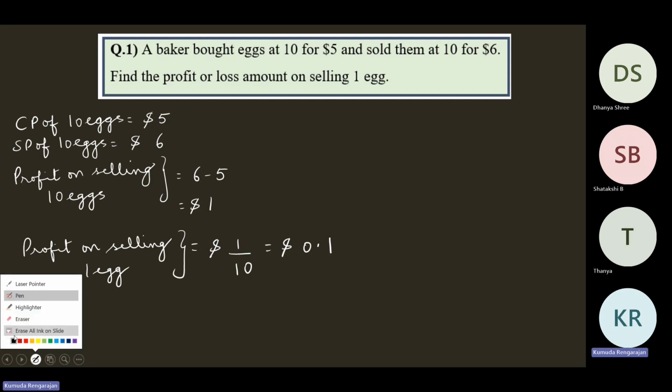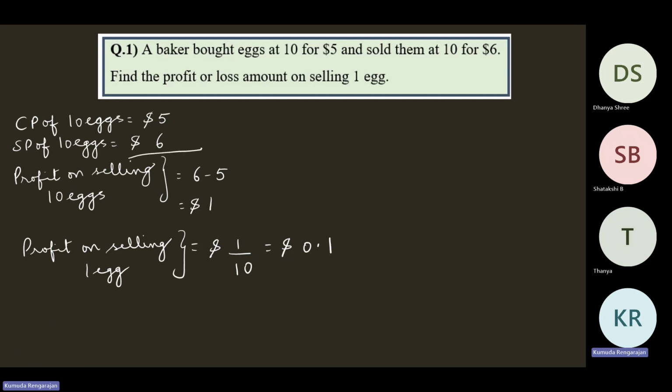You can also write SP is greater than CP, therefore it is a profit. That's about the first answer.